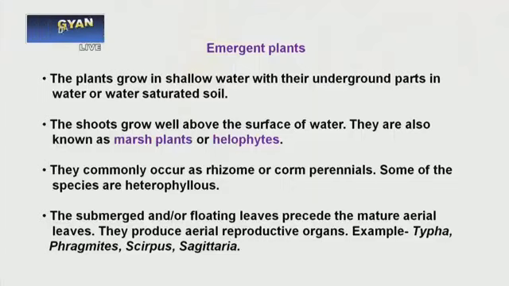Next we come to the emergent species. That is, the plants grow in shallow water with their underground parts in water or water-saturated soil. I already told you what is meant by emergent species. Emergent species means these plants are present in soil which is saturated with water, and the shoots grow well above the water surface.